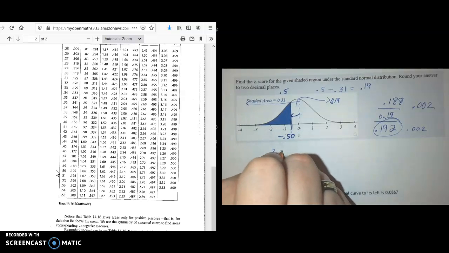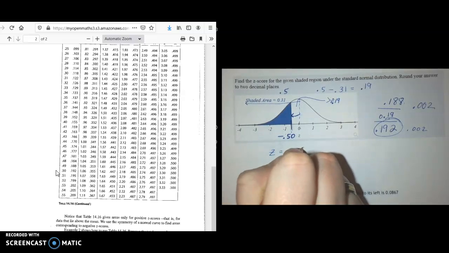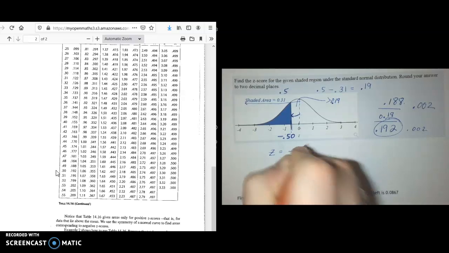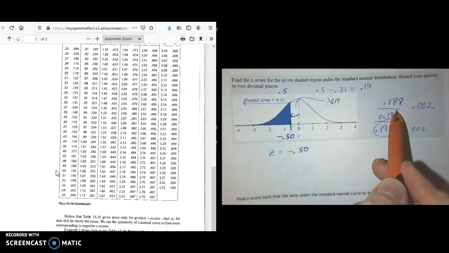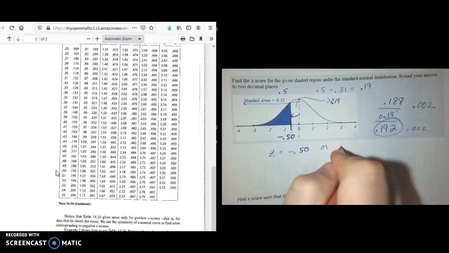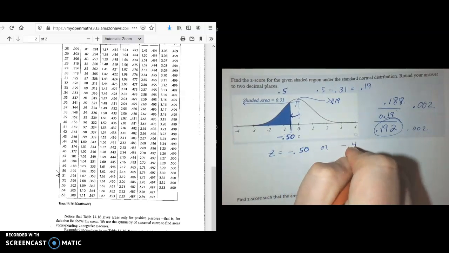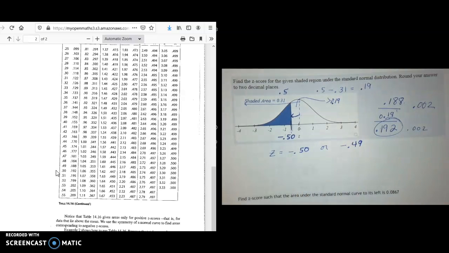So the z-score in this case is negative 0.50. You could also have used the other one, or we could have said negative 0.49. Either way, it's fine.